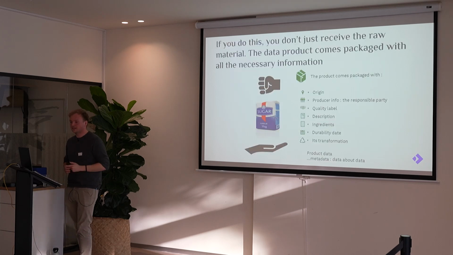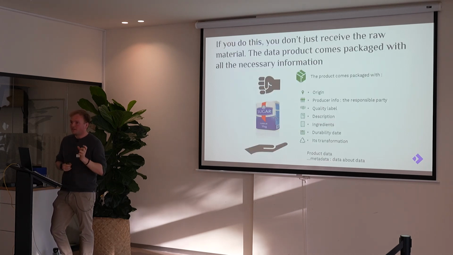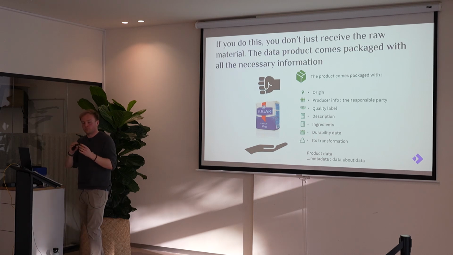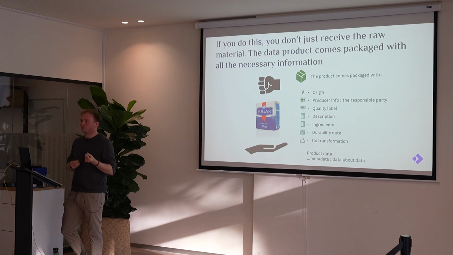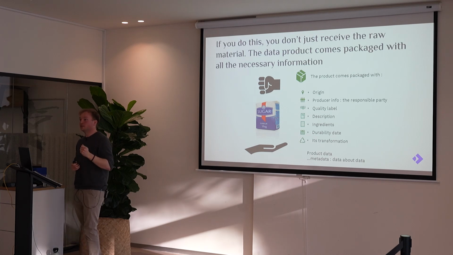And I will end with this slide. So if you do this, you will end up not just with the raw material, not just the data, not just your table, but your data will come packaged. Just like you don't buy sugar raw in the supermarket, but you put it in a container. And on the container it states what is the origin of the sugar. What can it be used for?